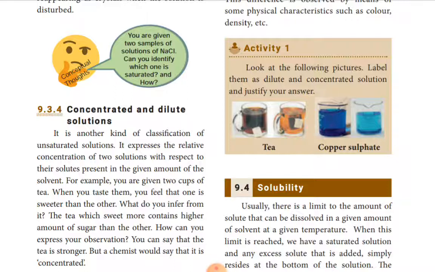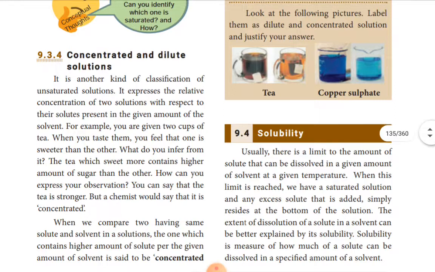But the word stronger is used in common speech. Chemists would say that it is concentrated. Instead of stronger, chemists say it is a concentrated solution. So we are going to compare the solid and solvent in a solution.